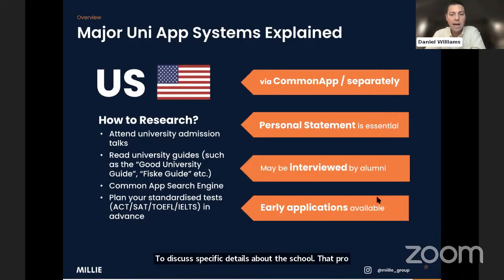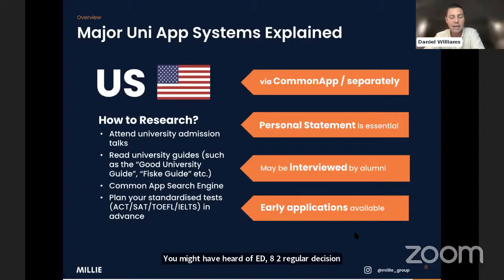And lastly, as we saw in the UK, no early applications except for Oxford, Cambridge, and if you want to study dentistry, healthcare, veterinary science. In the US, there are early applications. You might have heard of ED, EA, ED2, regular decision, restricted early action, right? So quite complicated.